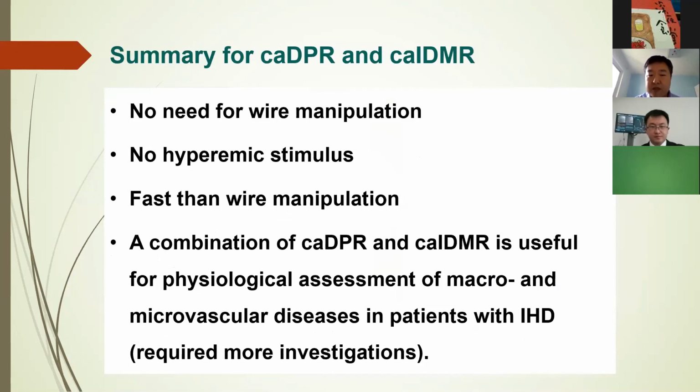We don't need to inject anything, only the angiogram. Also, a combination of the CA-DPR and the CA-IDMR may be useful for the physiological assessment of macro and microvascular disease. But this part, we still need more clinical validation in following studies.